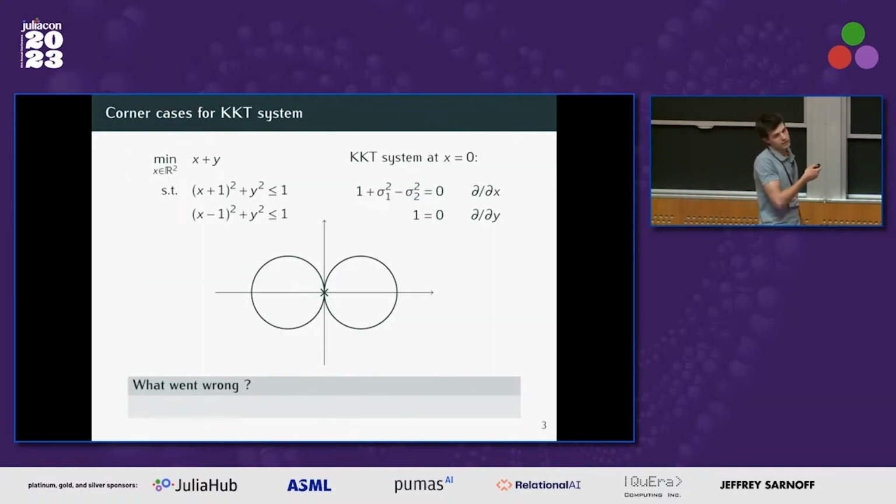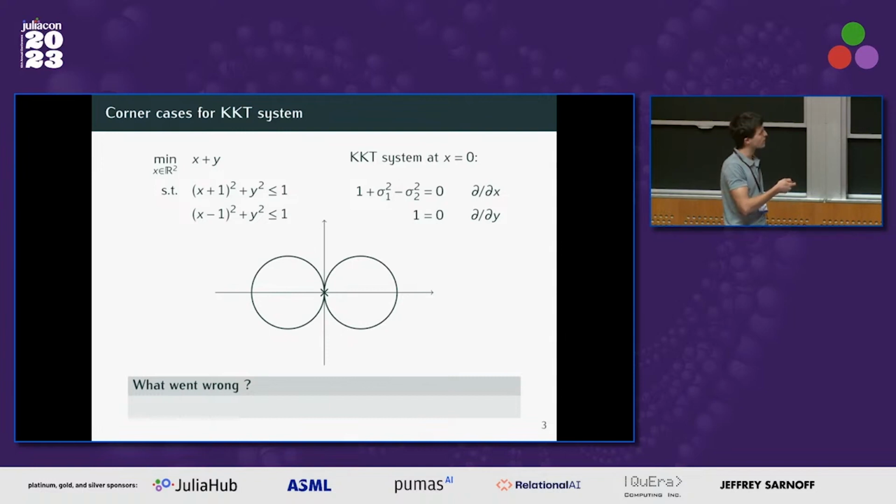Now, if you do the KKT approach, of course, just trying to solve this KKT system may not be sufficient. For example, there are some corner cases like this one. If you take this polynomial optimization problem and try to solve the KKT system, you arrive at this system when x is equal to 0, and you see that there's actually no solution.